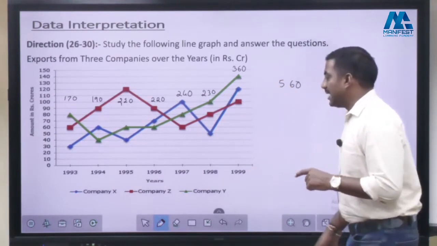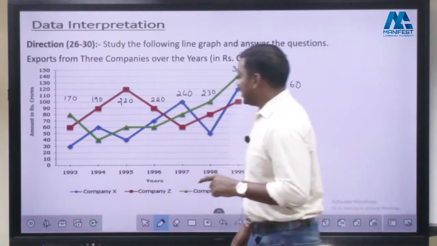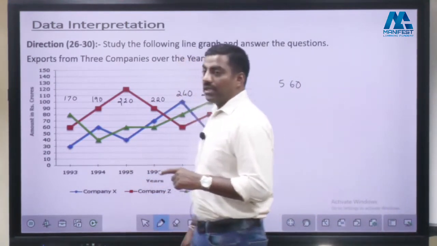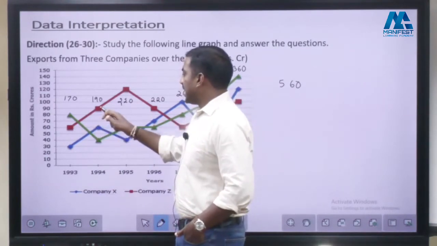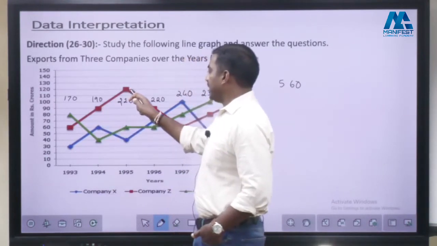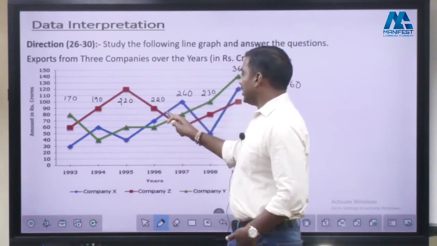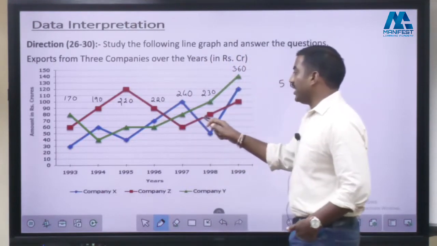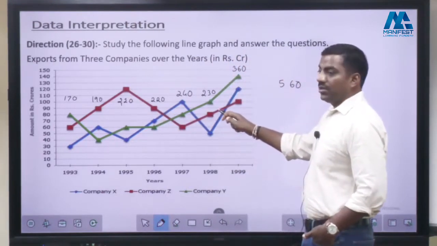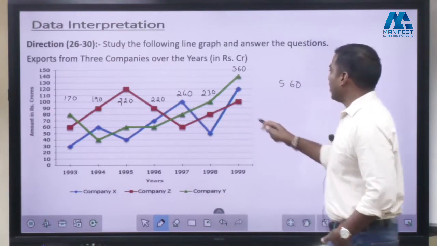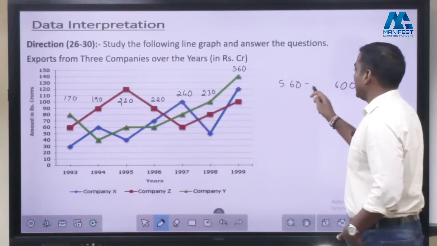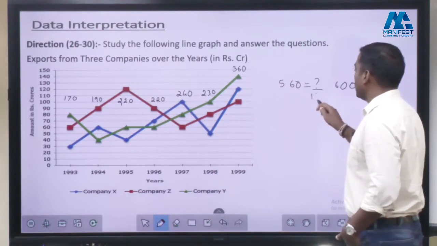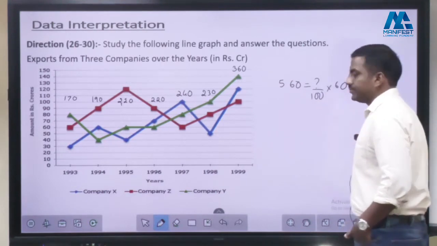Then for Z, Z is a square. 60 plus 90, 150 plus 120, 270 plus 90, 360 plus 60, 420 plus 80, 500 plus 100. They're asking, this is what percentage of 600?